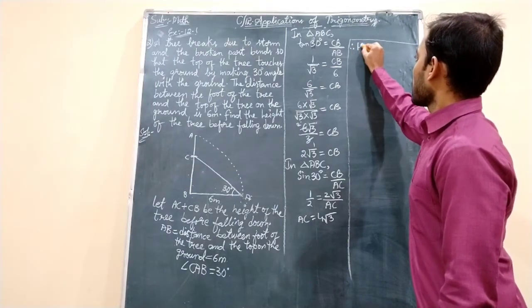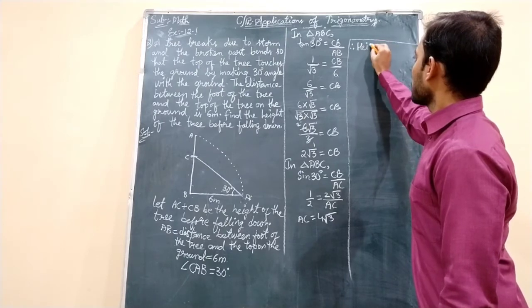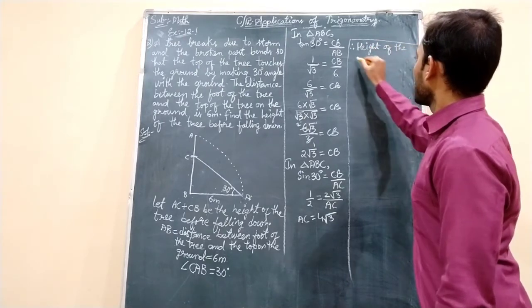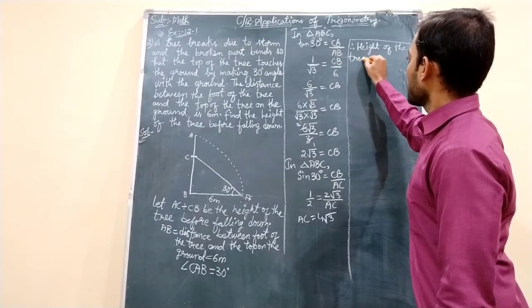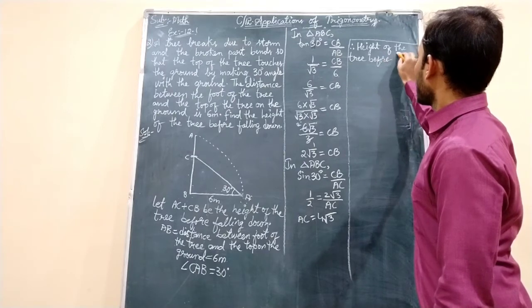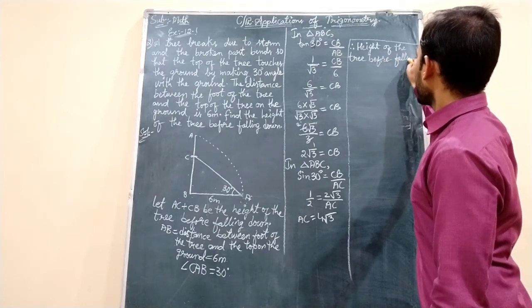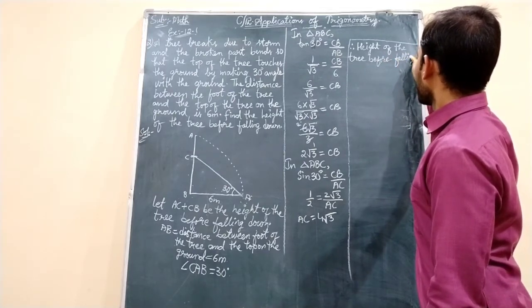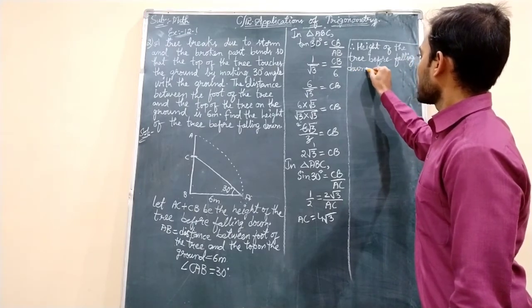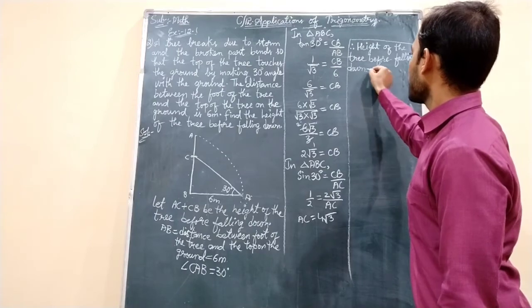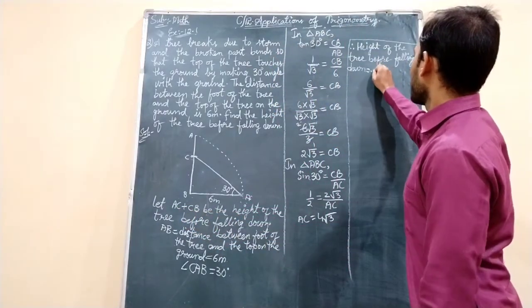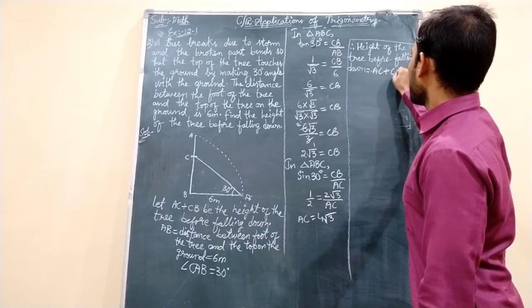Therefore, the height of the tree before falling down, we have taken as AC plus CB.